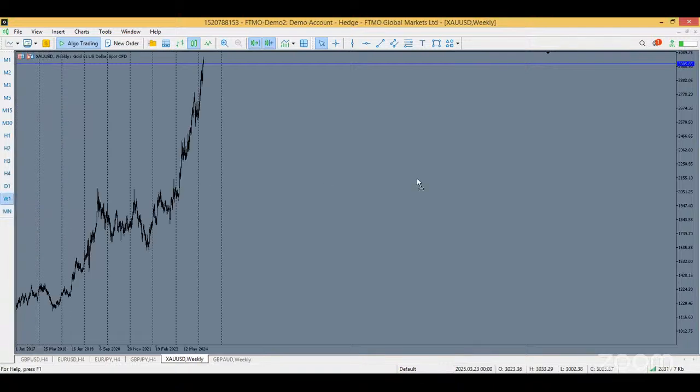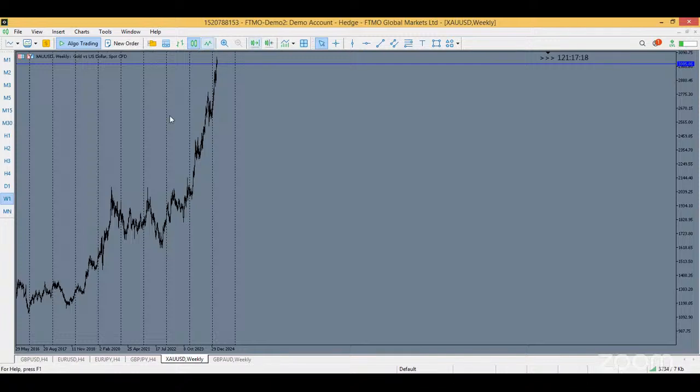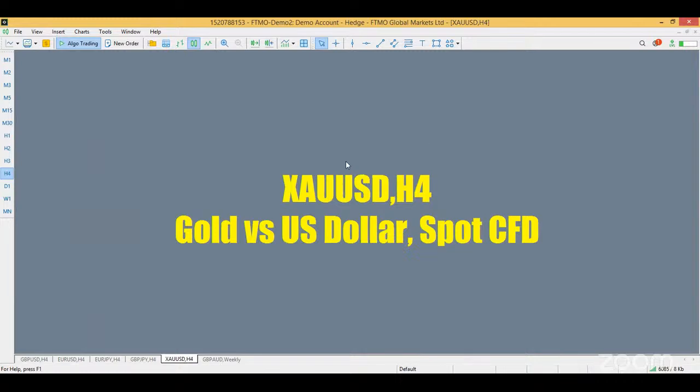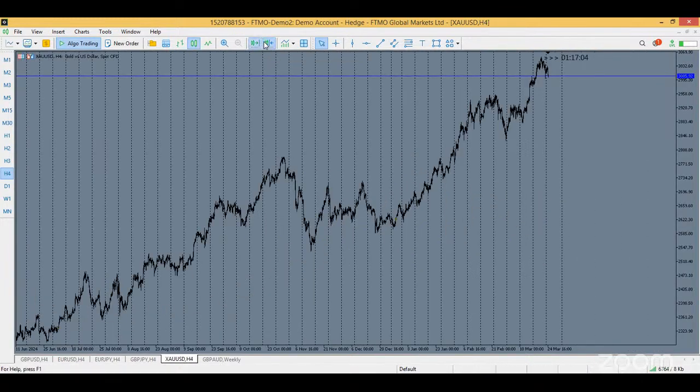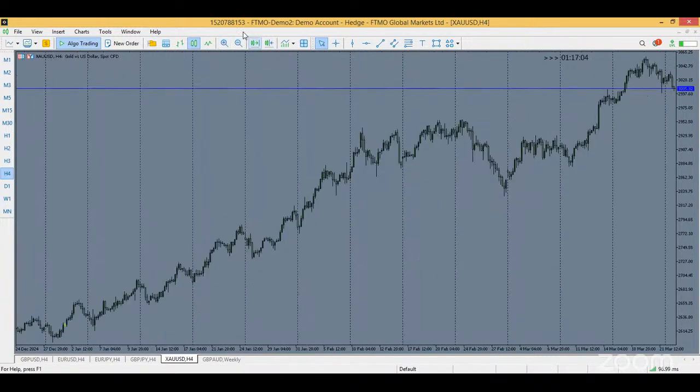Okay, let's do the weekly chart. So you can see this weekly chart. There's nothing to the left for it to be like your target level. There's nothing to the left. Okay, so if you come back to your 4 hours, let me make this bigger.